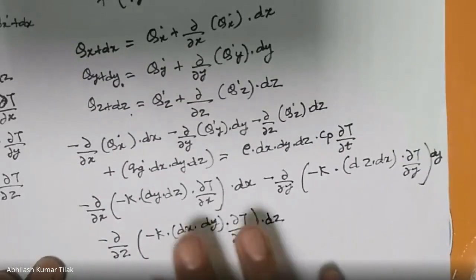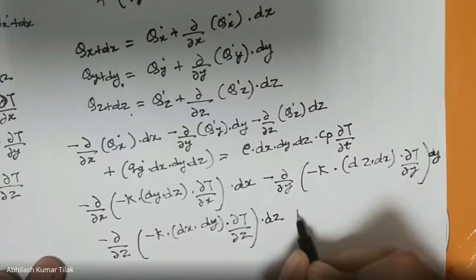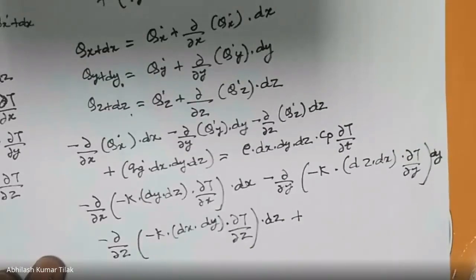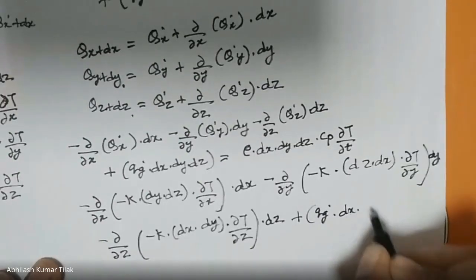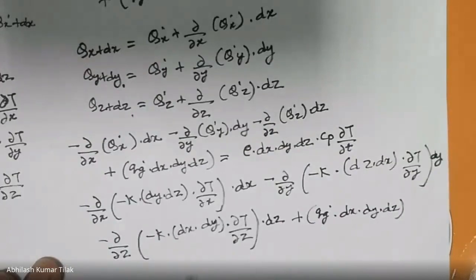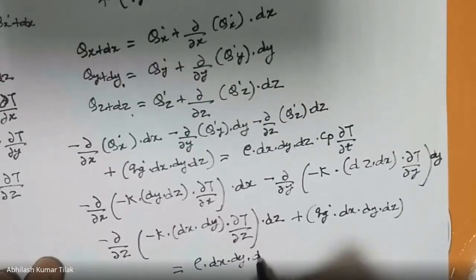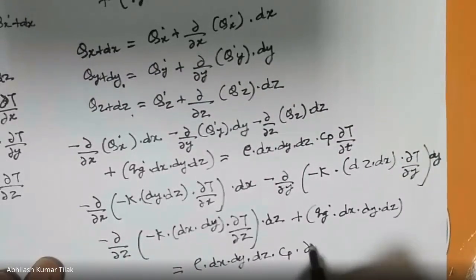Any other problem? It is okay, right? Yes, sir, now it's fine. Okay. So plus the heat generation term, that would be qg into dx into dy into dz, is equal to the energy change, that is rho into dx into dy into dz into cp into dou t by dou t.